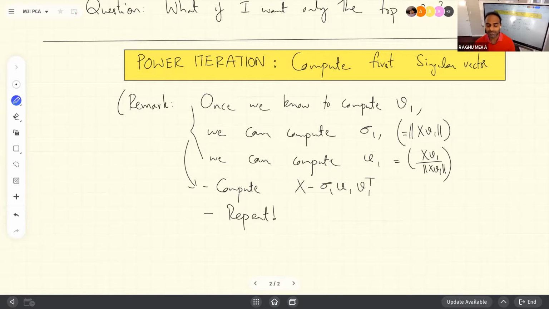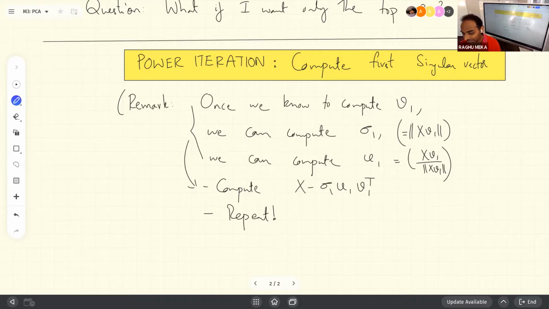So once I can compute just this first right singular vector V1, I can crank it up repeatedly to compute everything. Any questions about this?